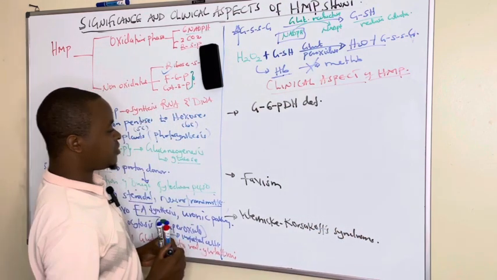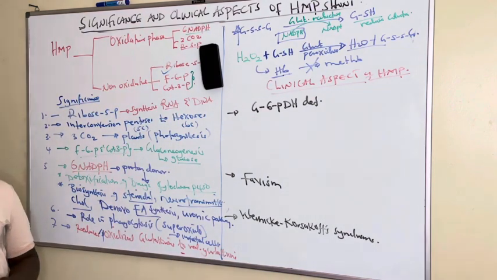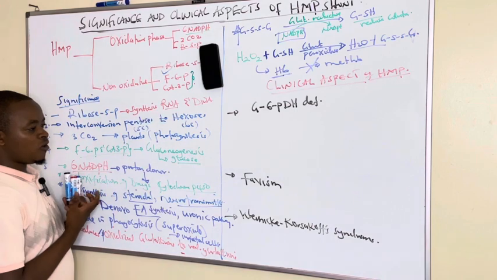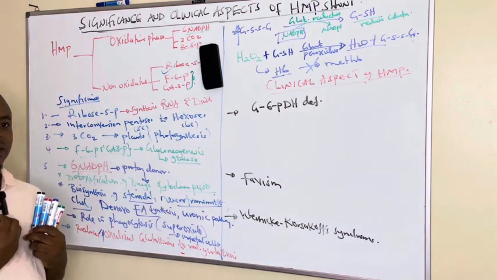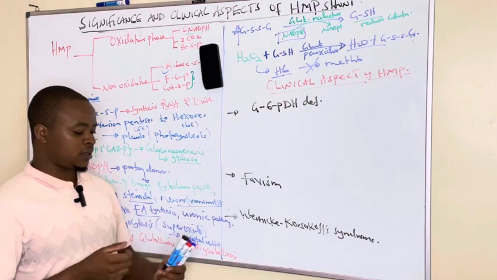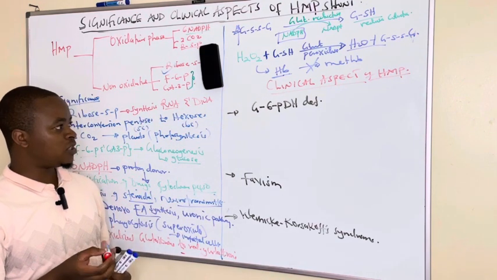So whenever the HMP pathway is hampered, obstructed or inhibited, we can see these conditions coming into play.